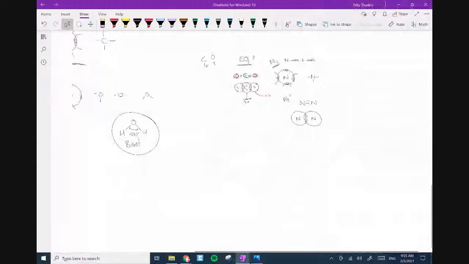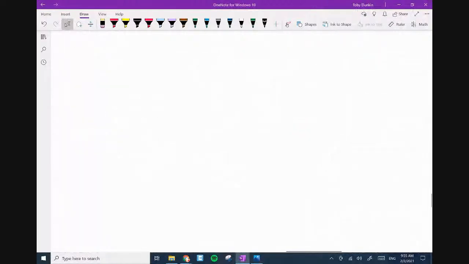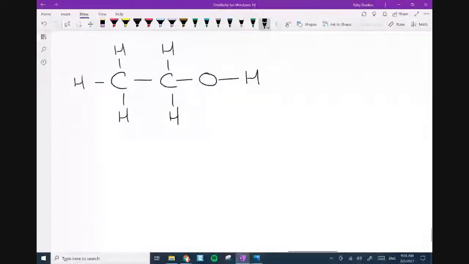They're going to give you something like ethanol, and they're going to say, draw a Lewis dot and cross diagram for ethanol. And all you do is simply put circles around everyone.